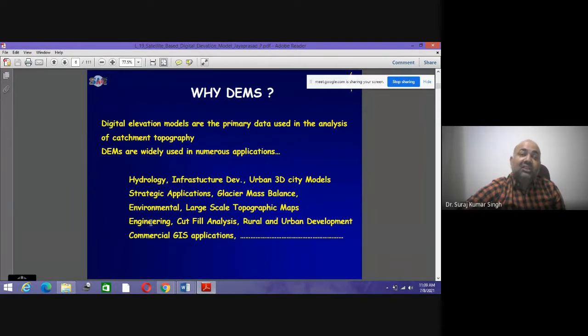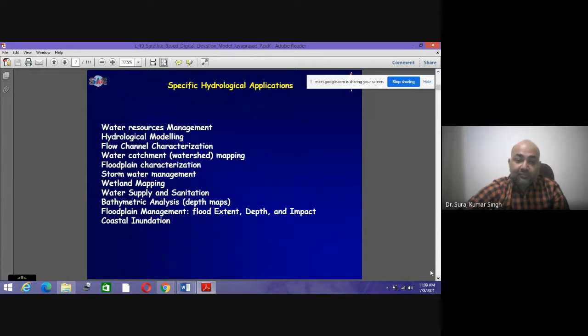Then engineering design, whether you want to go for hydro engineering or any kind of engineering purposes, site suitability purposes, you have to include the digital elevation model. Then cut-fill analysis, rural and urban development programs, whether that is related to Panchayati Raj or any commercial applications that you are using in GIS, will be requiring the digital elevation model.